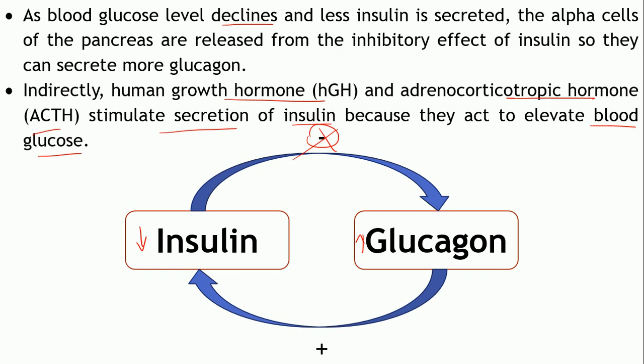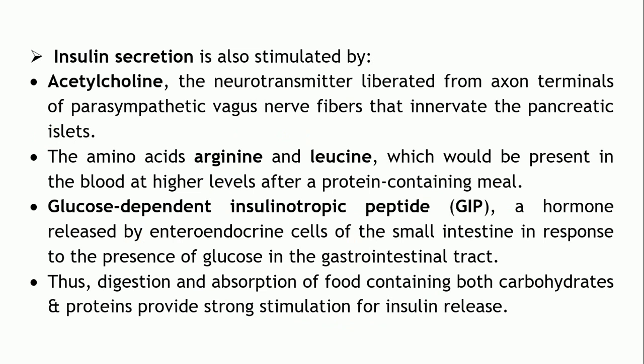Now when there is an increase in the blood glucose level, which hormone will get released? Yes, it's the insulin, because it helps in lowering the blood glucose, right? So insulin will be secreted. That's the indirect secretion which is caused.